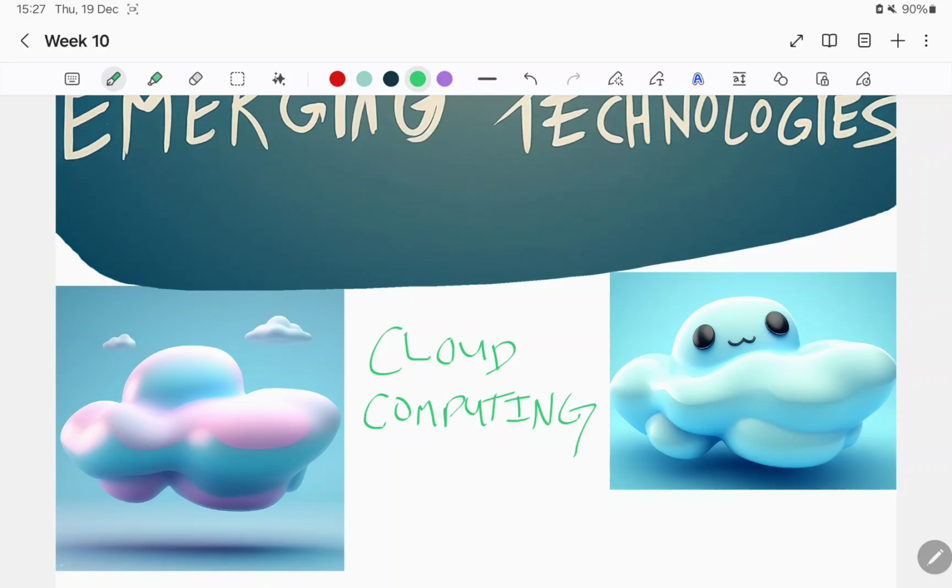And cloud computing, what comes to your mind when you hear this word cloud? Storage. Your friends say awan, is it? Awan. Yes, it's correct. Some of your friends say it's storage. Some of you say it's awan.